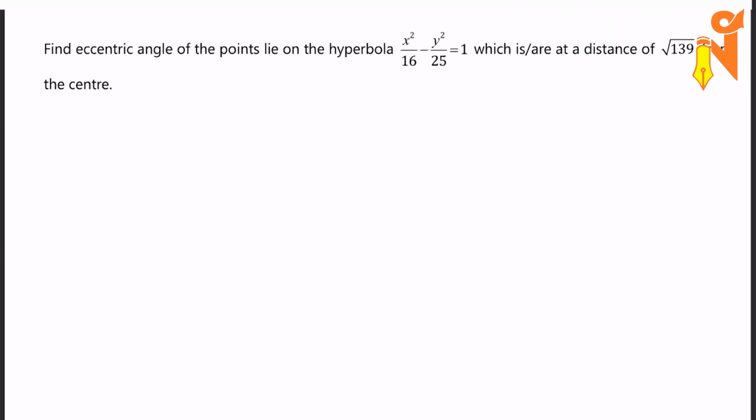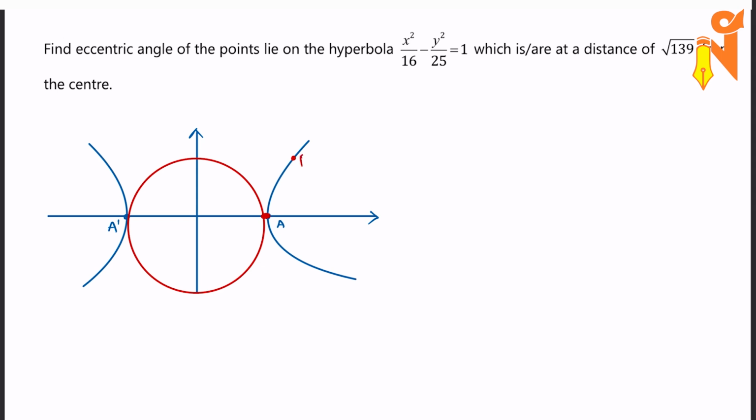Our next question is to find the eccentric angle of the points which lie on the hyperbola and are at a certain distance from the center. So this is the point P, A secant theta, comma B tan theta. In this case A is 4, so 4 secant theta, comma 5 tan theta.